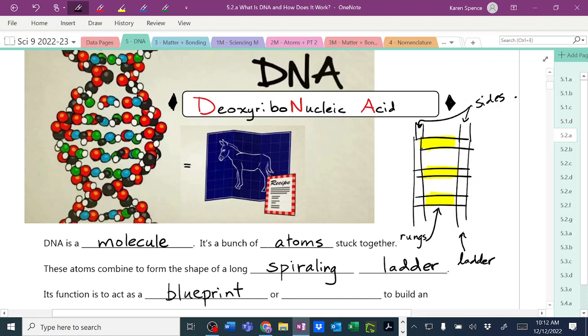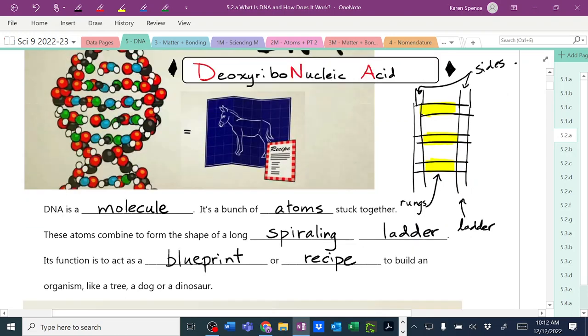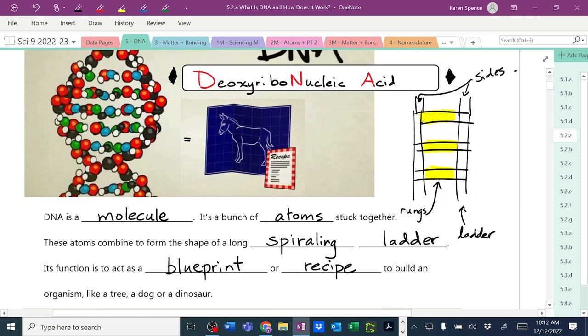Or you might also consider it to be like a recipe. And it is the blueprint or recipe to build an organism, like a tree, a dog, or a dinosaur.